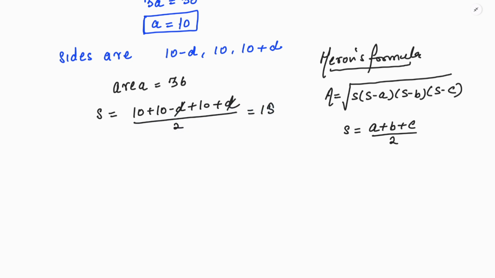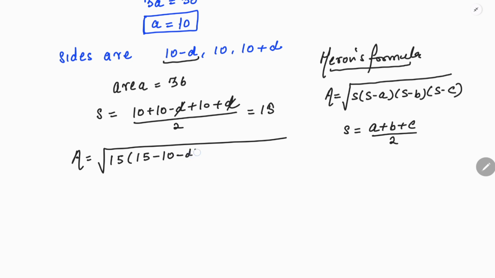So S is 15, and the area will be equal to the square root of 15, then 15 minus the first side, which is 15 minus 10. When I subtract, the sign will change, so this is 15 minus (10 minus d). I will write it in brackets first. Then the second is 15 minus 10, and the third is 15 minus (10 plus d).